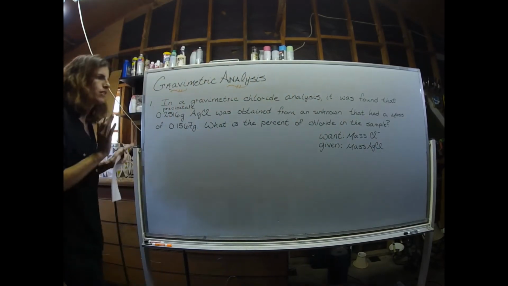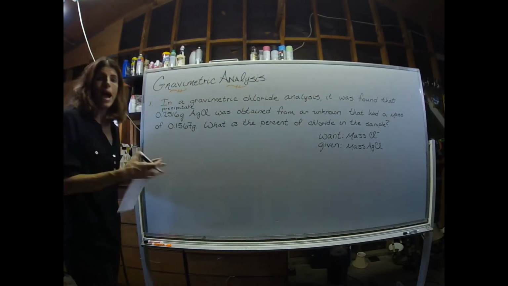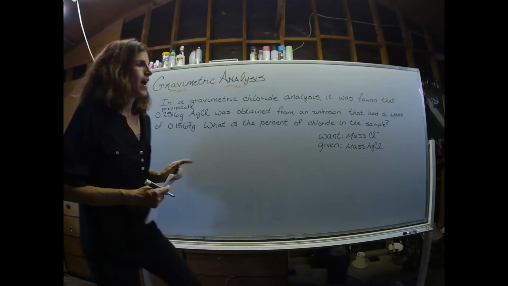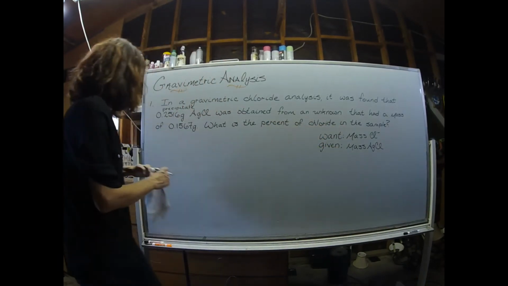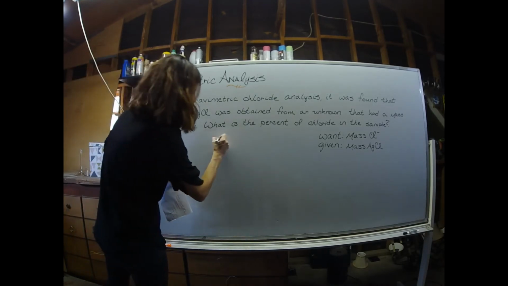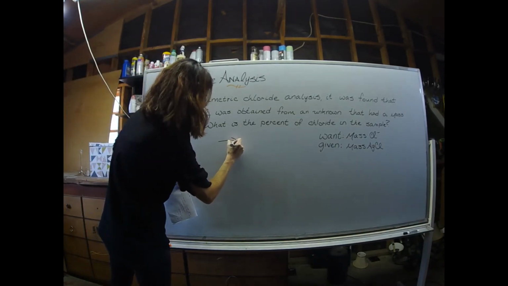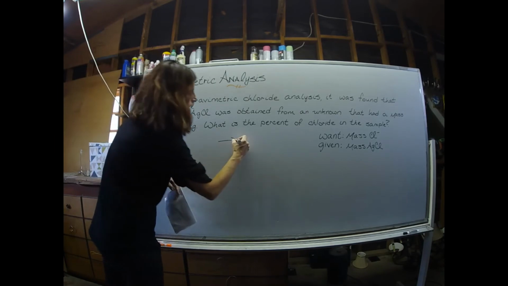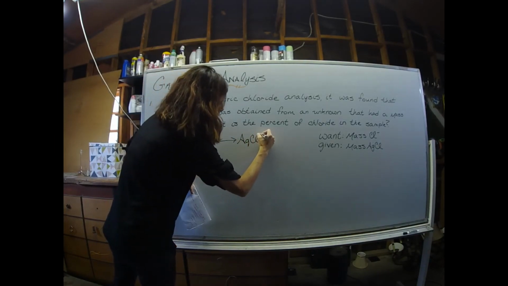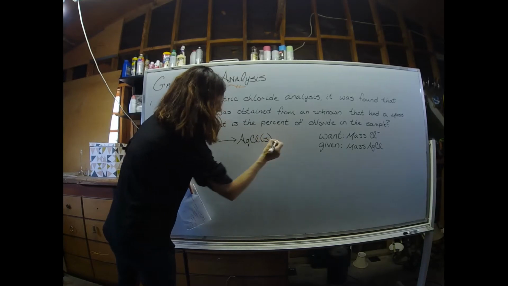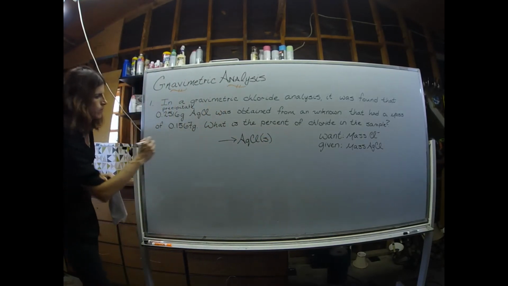First step, let's figure out some kind of balanced reaction that's going to relate the chloride to the mass of silver chloride. So for certain, since gravimetric analysis involves precipitation reactions, we know that solid silver chloride is our product.